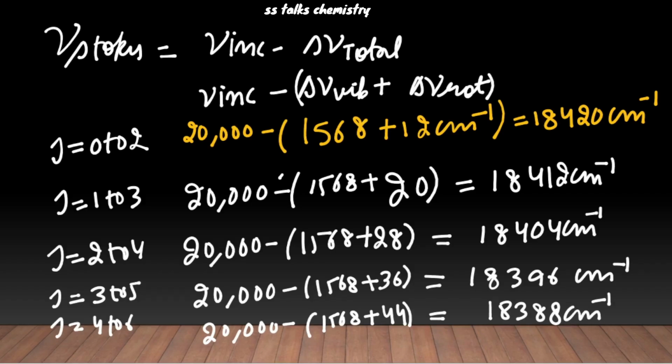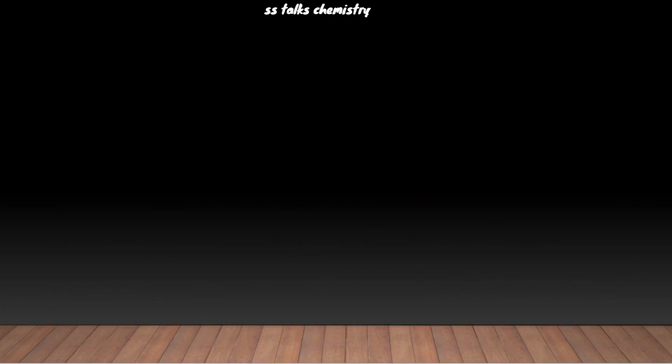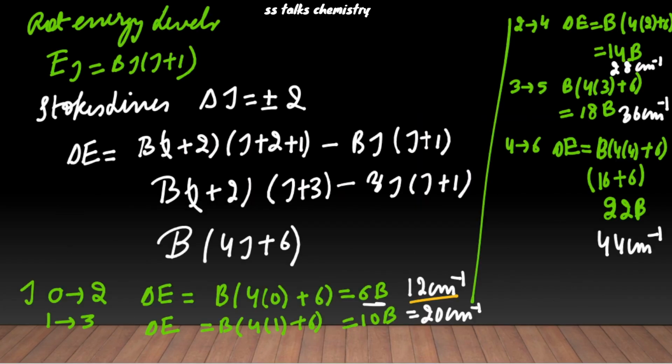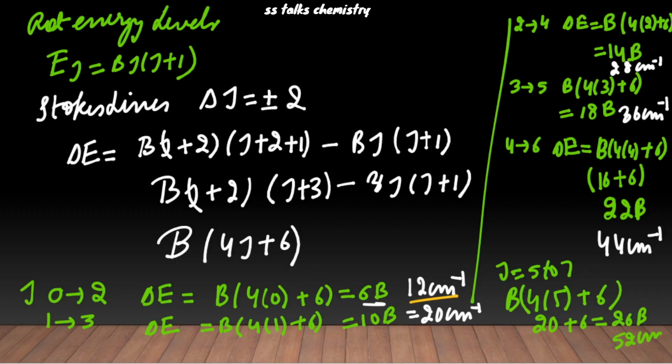Similarly, from the fifth level also, the gap you obtain from J value 5 to 7 is 4 times 5 plus 6, that means 20 plus 6, which is 26B. That means it is going to be 52 centimeter inverse.